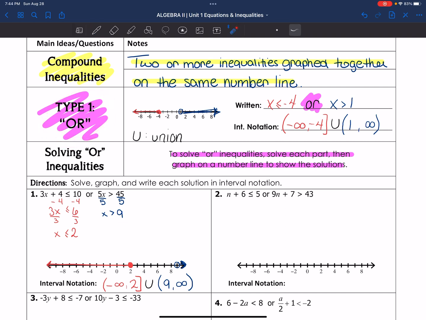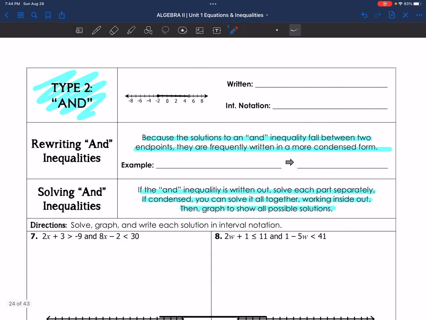That is type 1. Now let's look at our second type, type 2. Type 2 are going to be joined with the word and. And if we were to write this, which we see graphed, you're going to notice here that it is x values, let me use my other color here.